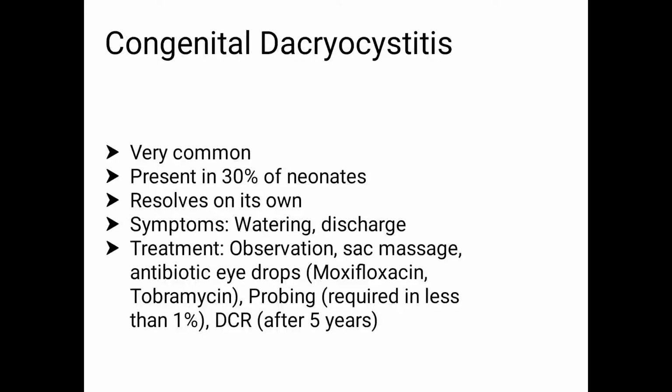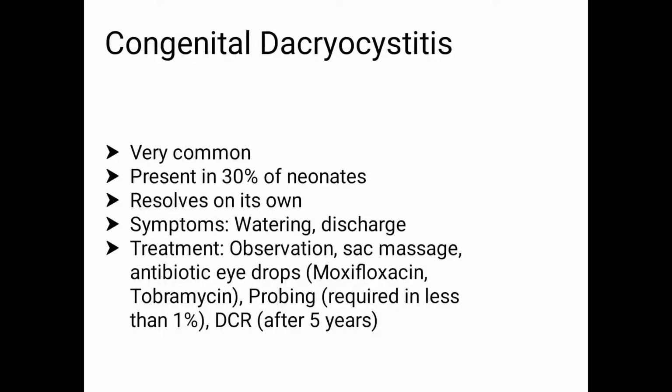What do we do in probing? We just pass a very thin probe through the lacrimal punctum. It will pass through the canaliculus, lacrimal sac and nasolacrimal duct, and we get a giveaway feeling when we pierce that wall which was not canalized, and then it will solve our problem of obstruction.